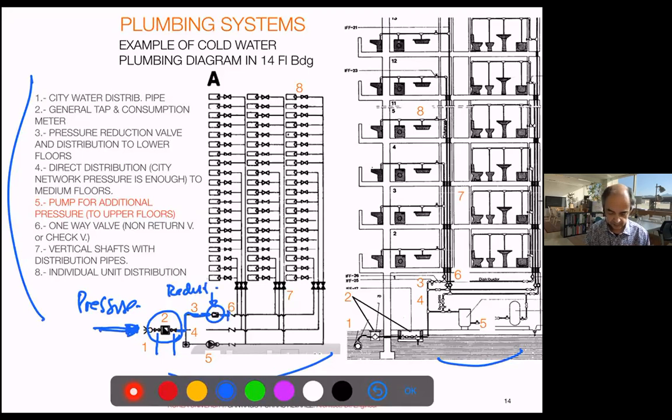And then what we called before the non-return check valve, right? Non-return, which avoids the water going down by gravity. So when you have a very long, very high pipe, you usually put that. It's very, very simple. And then you have one distribution for the lower floors.